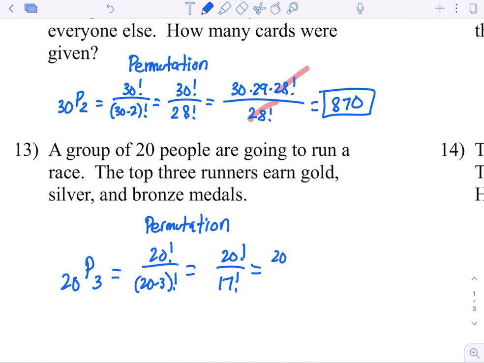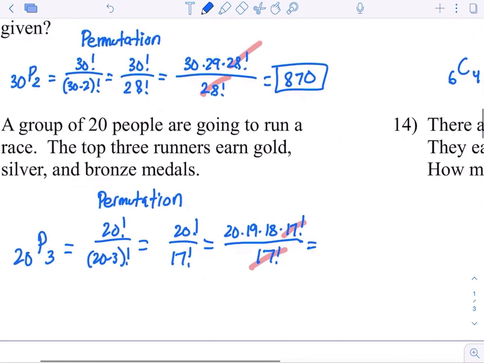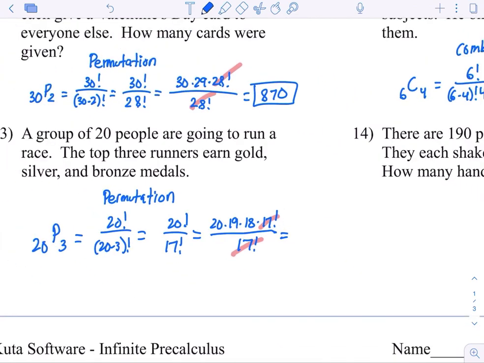So for the 20 factorial, going to go all the way to 17 factorial so that we can cancel those off. So all we have is 20 times 19 times 18, which is 6,840.